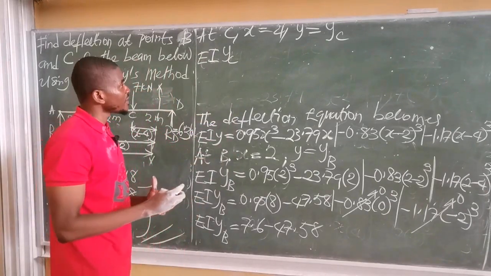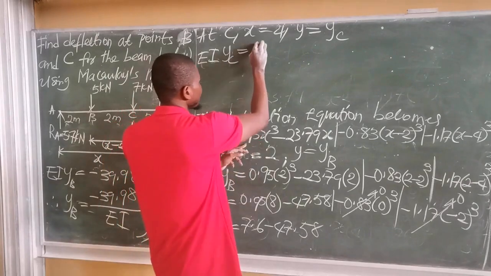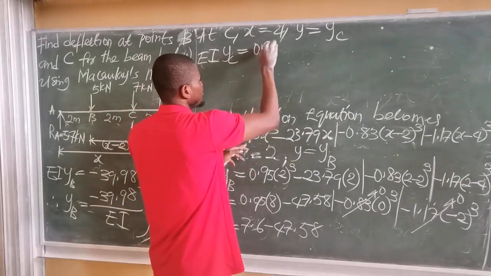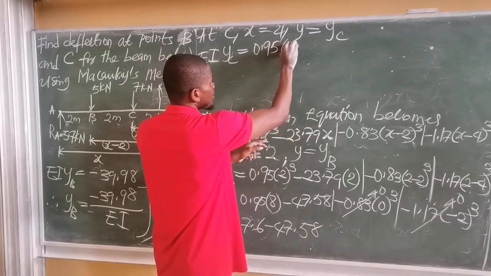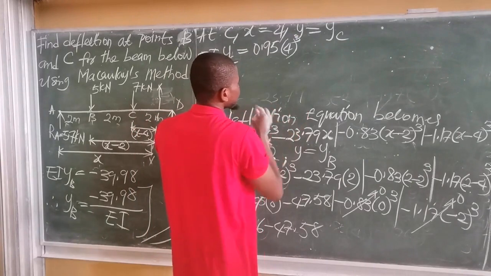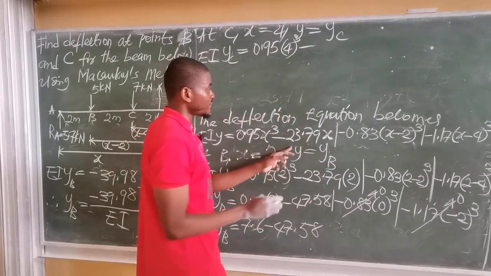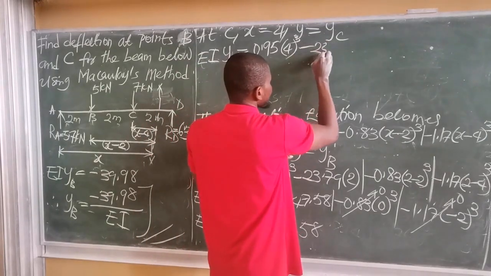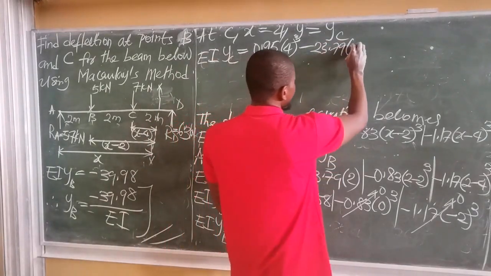All right, so we have EI, in place of Y, it becomes YC, which means deflection at point C. And this is now equal to, we have 0.95, okay. In place of x here, we simply put in the value of x as 4. But since x here is cubed, it becomes 4 to the power of 3. Minus 23.79 into x. X now is 4.